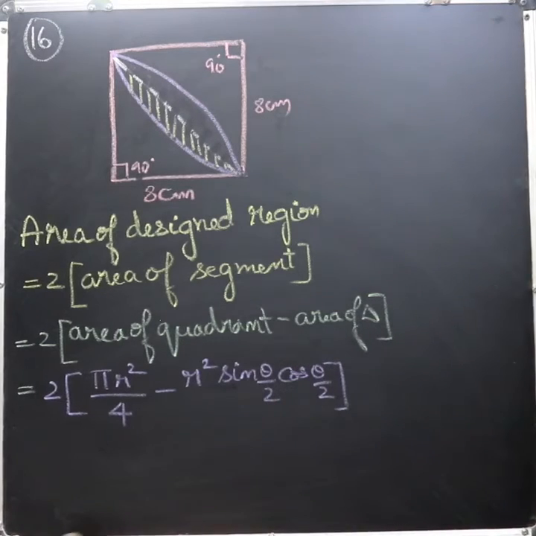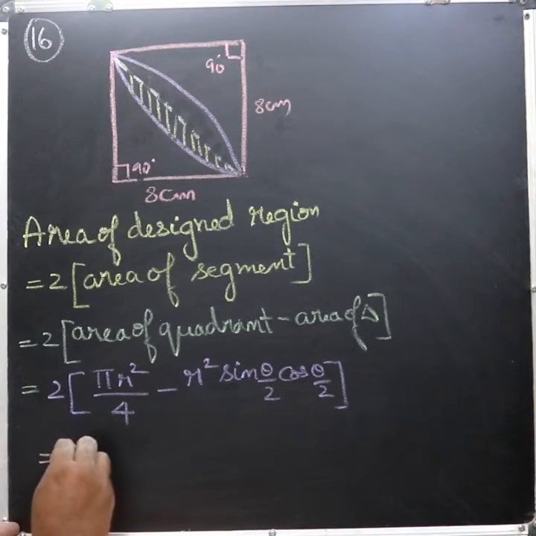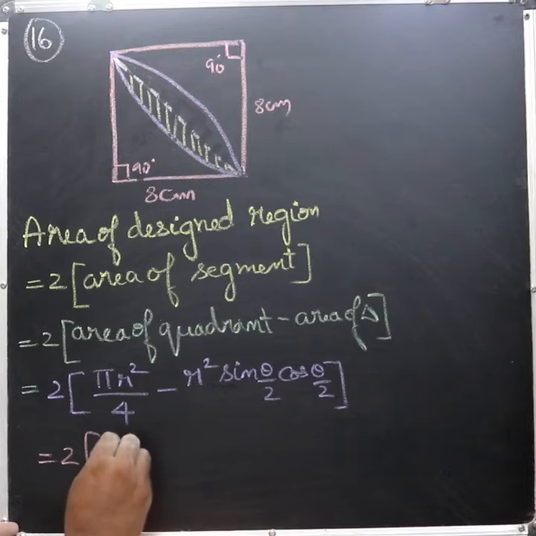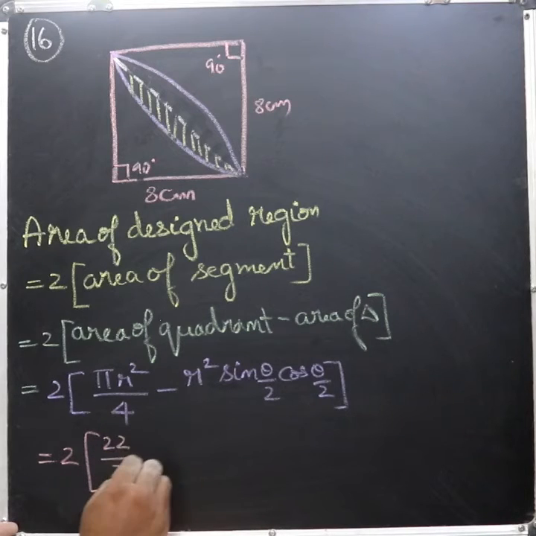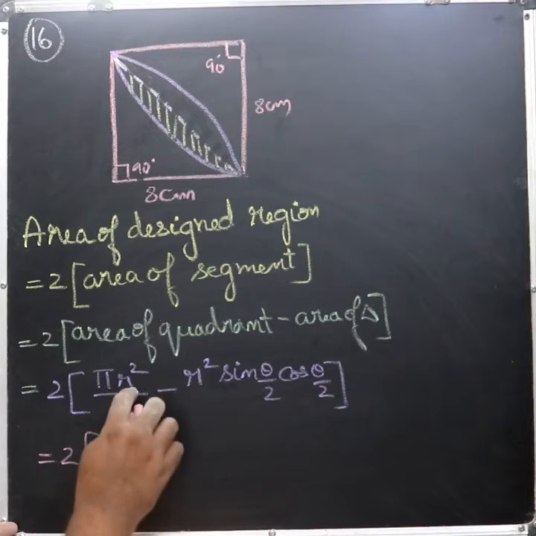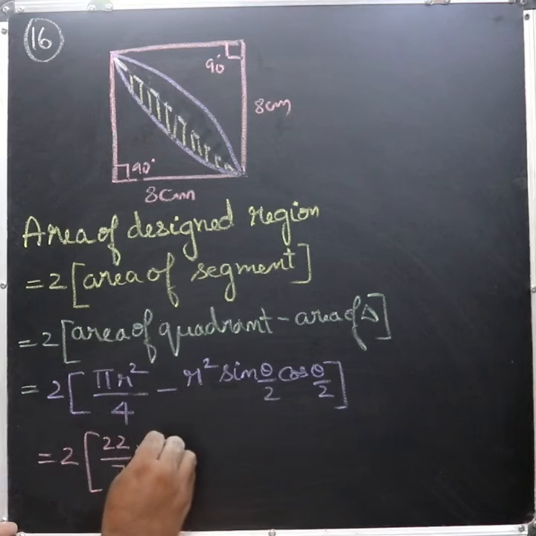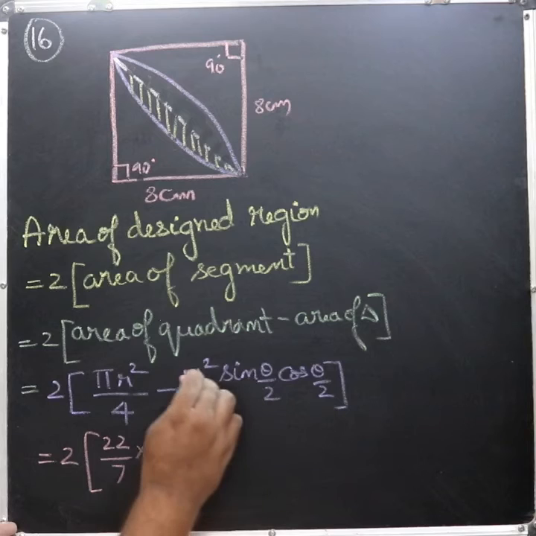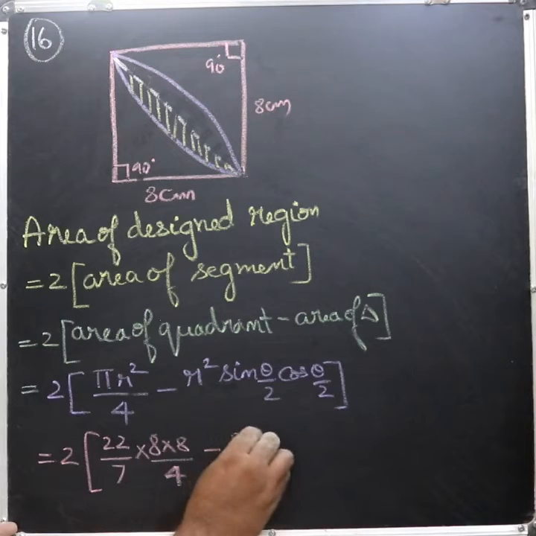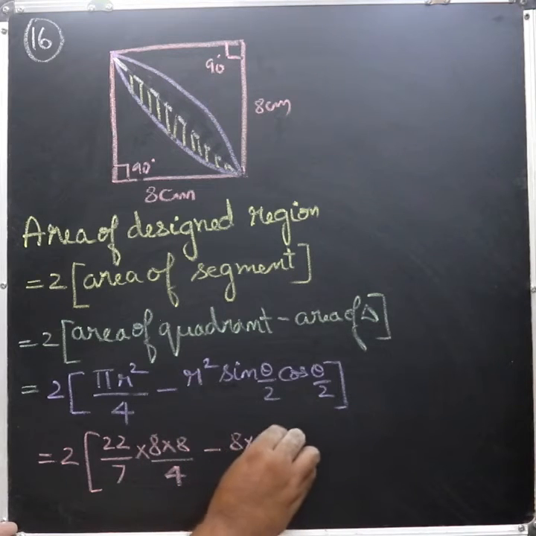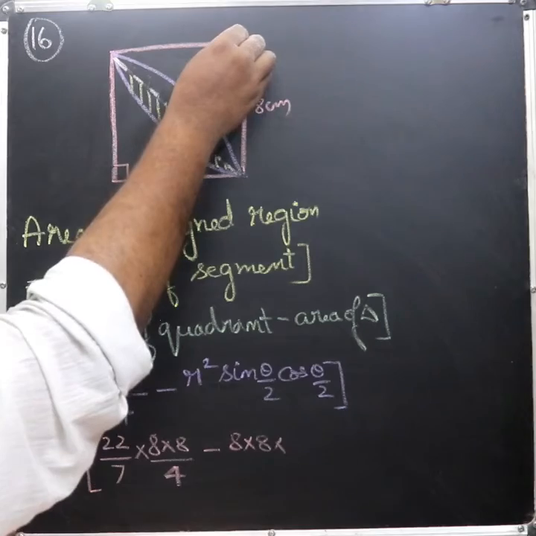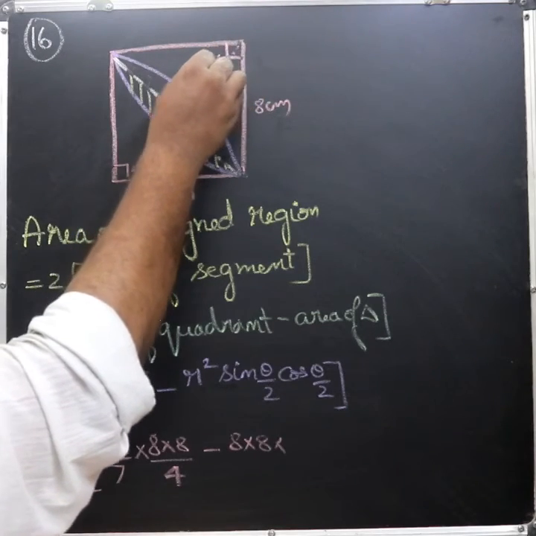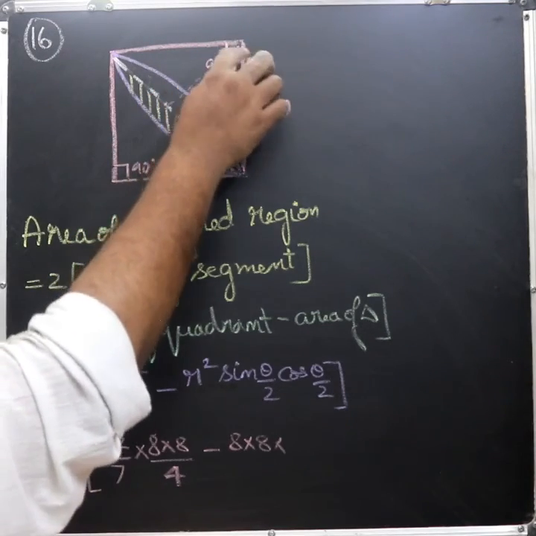Now we are going to substitute the values. When we substitute the values, we are going to have 2 into pi value is 22 by 7. Then r value, r is 8. So we have 8 into 8 divided by 4 minus r value is 8. So we are going to have 8 into 8 into, when you take the half angle, the full angle is 90 degrees.